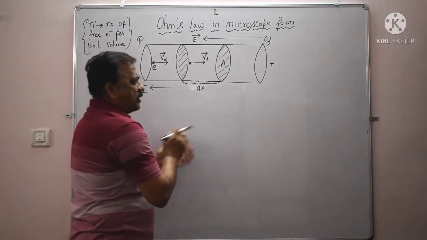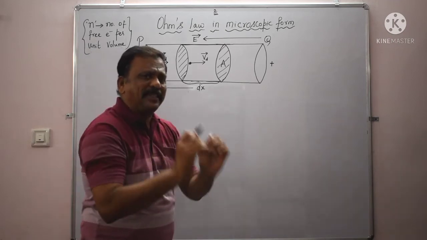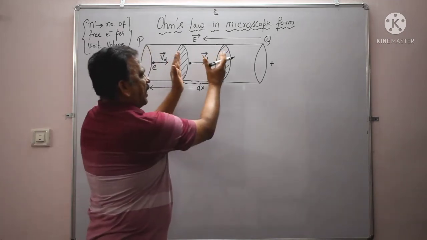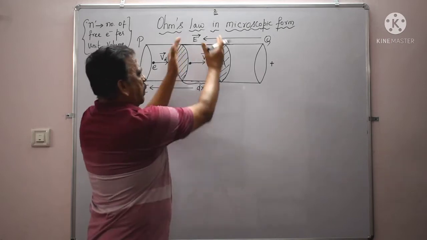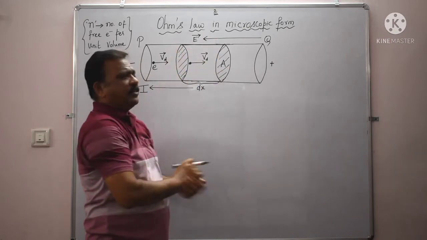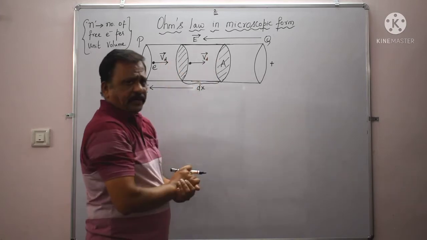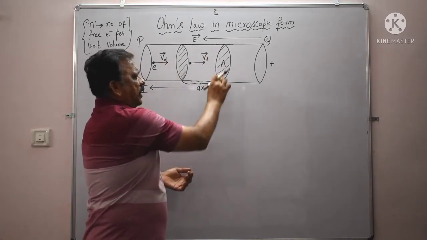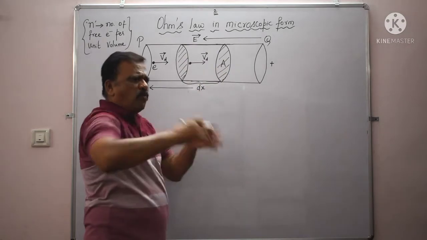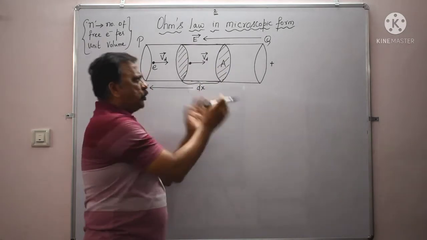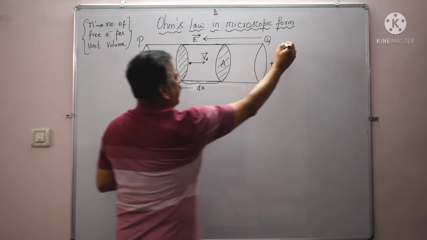Now let me consider an infinitesimal volume in the conductor: a small elementary cylindrical portion in the entire length of the conductor. Since the volume of this portion is very, very small, I am going to call this portion a volume element.